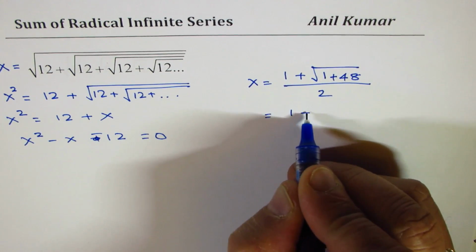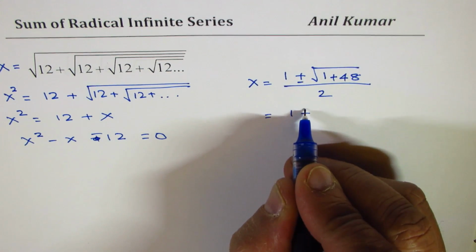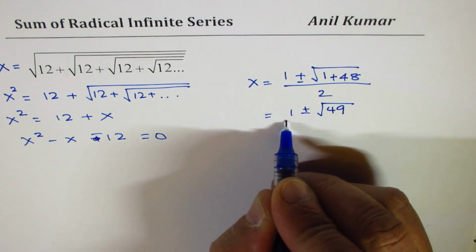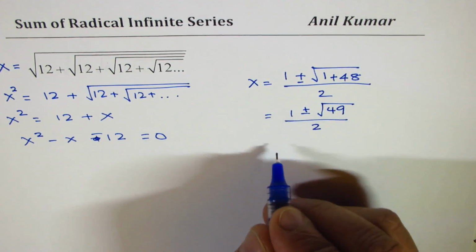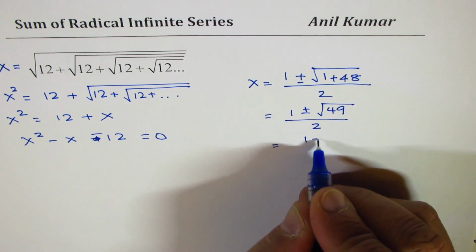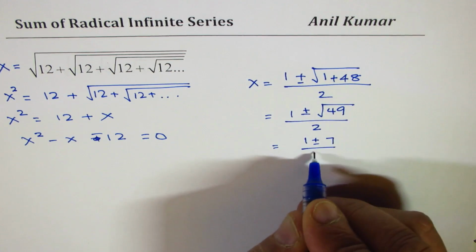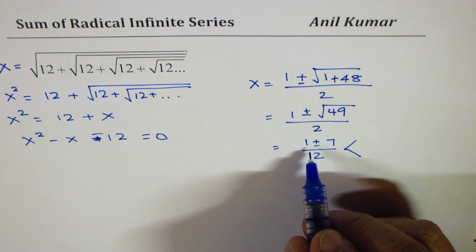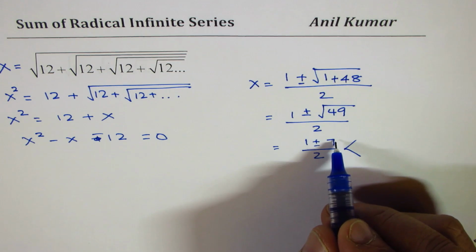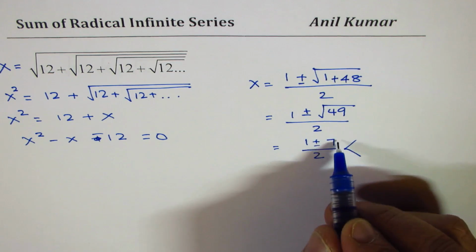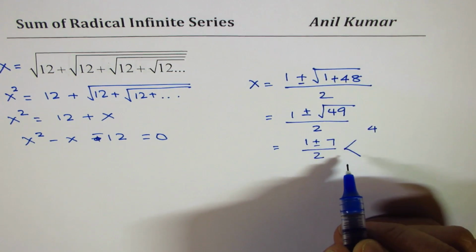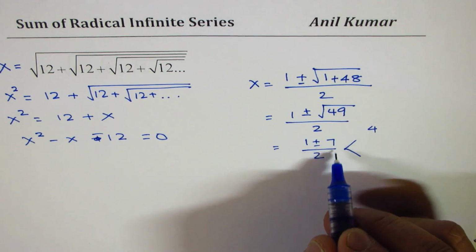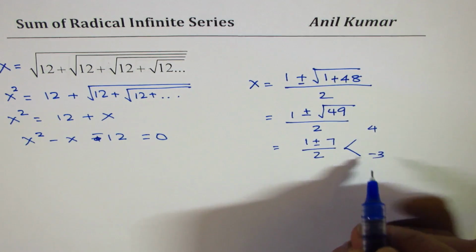It is actually 1 plus and minus square root of 49 over 2. We know square root of 49 is 7, so it is 1 plus minus 7 over 2. So we get two solutions here. The first one is 1 plus 7 divided by 2, that is 8 divided by 2, which is 4. The other one is 1 minus 7, which is minus 6 divided by 2, which is minus 3.